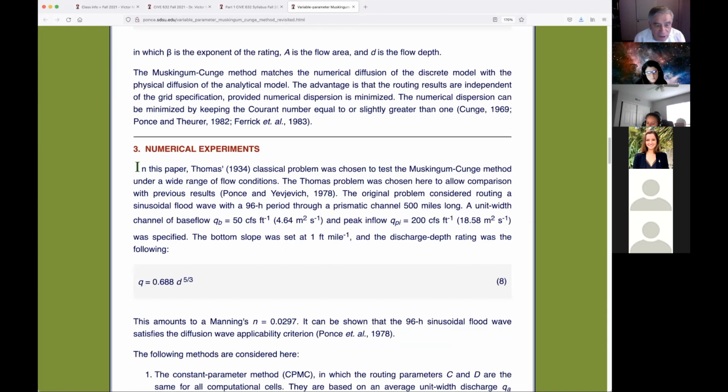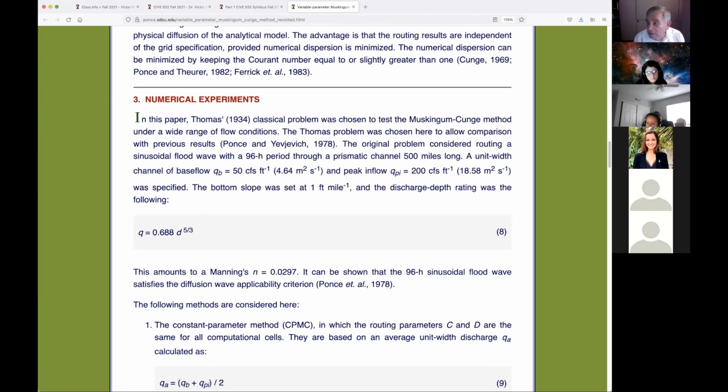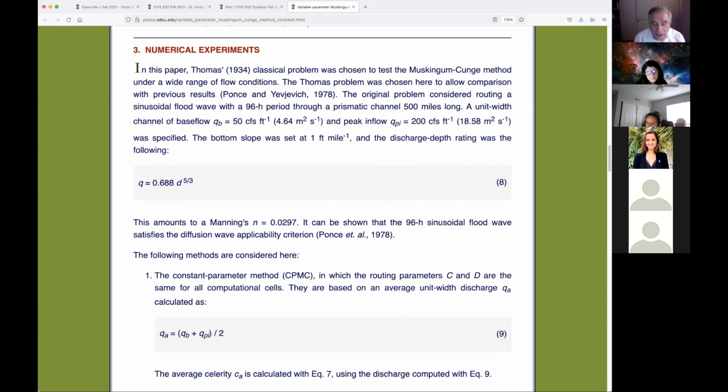And then we go to the numerical experiments. We're going to use the Thomas method because we believe that's a ruler, right? So we use the Thomas method, which is given by this rating equation 8, which is q, lowercase q, discharge per unit of width, equal 0.688 times the depth to the 5/3, which already, because of the 5/3, is telling us that this is a wide channel.